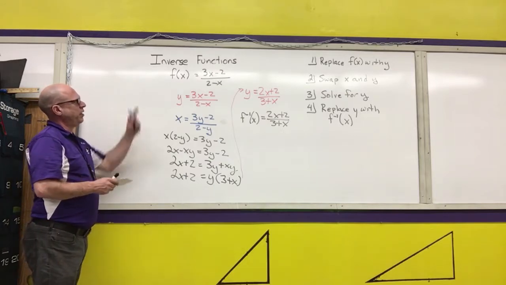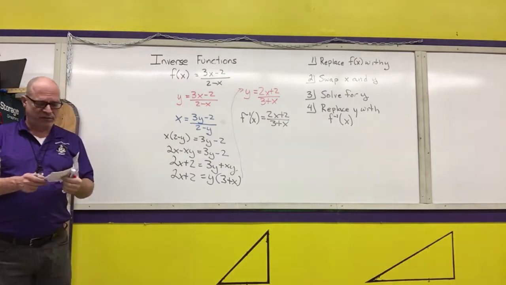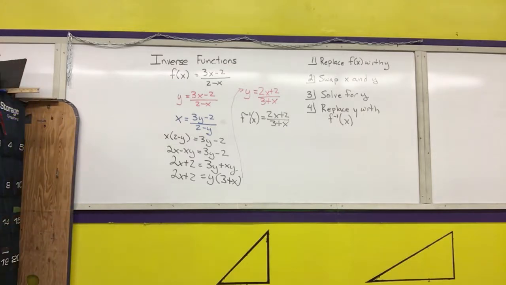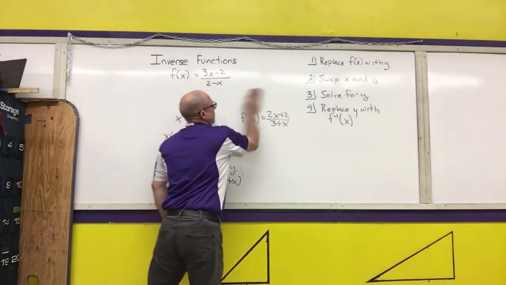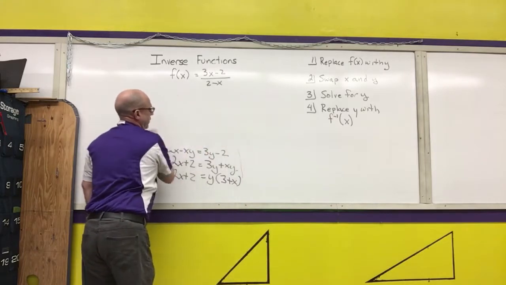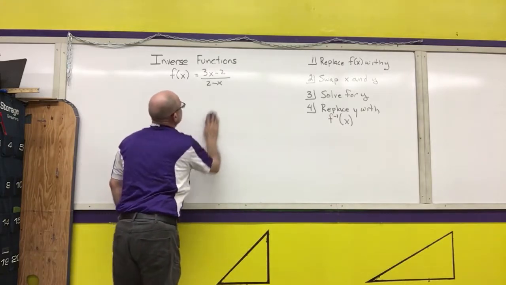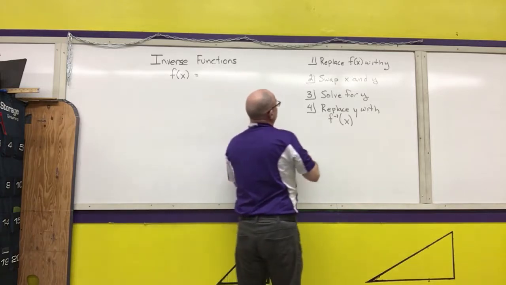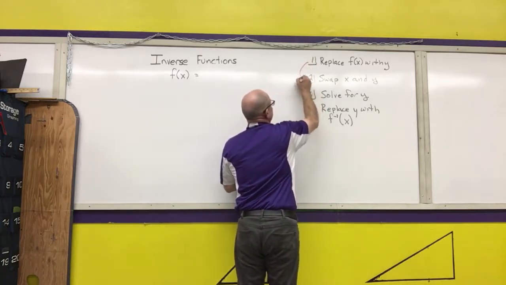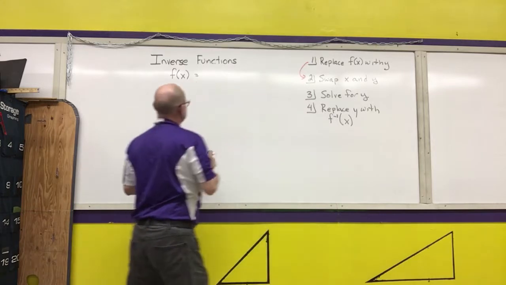I'm going to do a couple more inverse functions using this four-step algebraic method. On a quiz or on a test or even on your homework, you can do steps 1 and 2 at the same time.